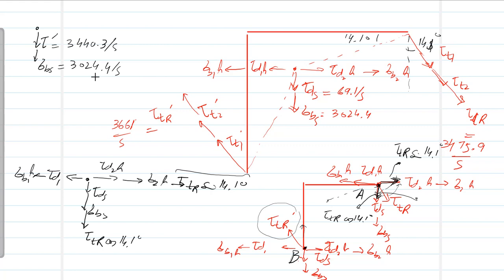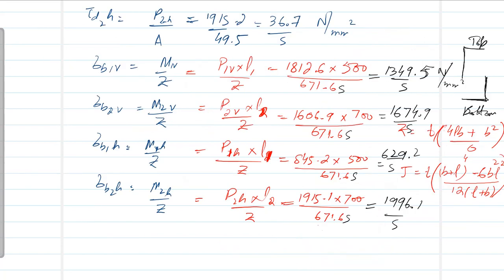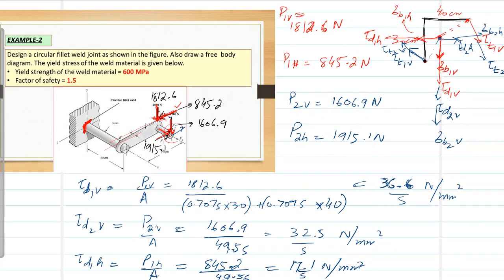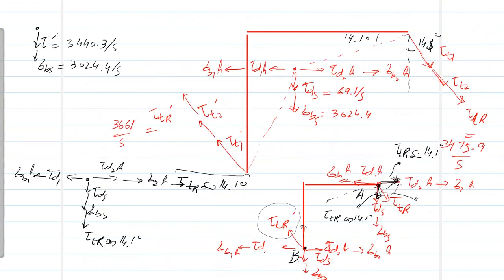We have to subtract tau d1 because it's in the opposite direction. So tau d1 is 36.6, minus 36.6. See, the answer is 846.9 divided by s. We call it tau h prime. Clear?